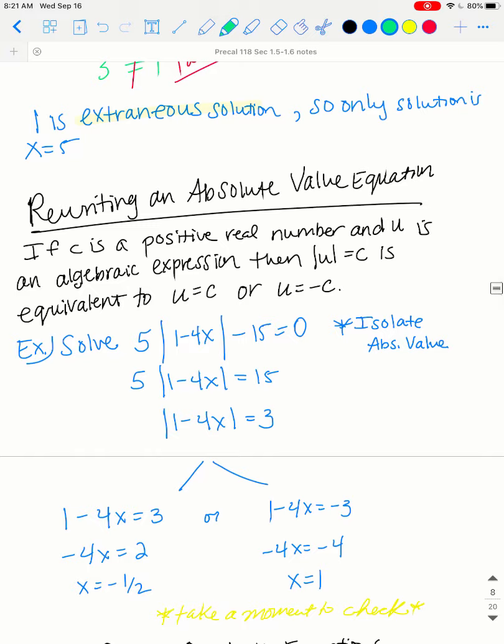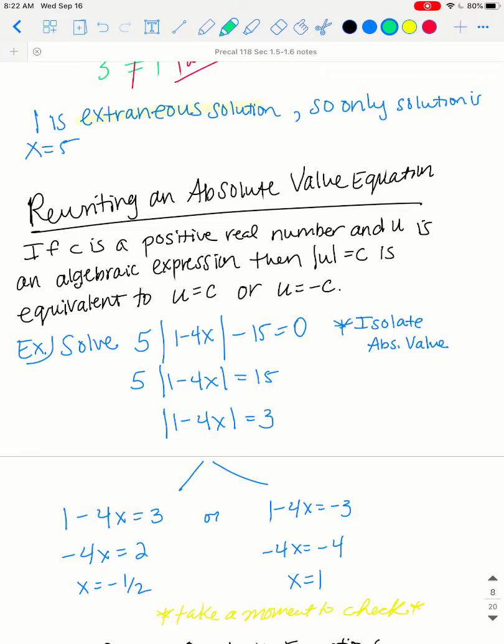Okay. We're going to practice rewriting an absolute value equation. So if c is a positive real number and u is an algebraic expression, then the absolute value of u equals c is equivalent to u originally equaled c, or u originally equaled negative c.